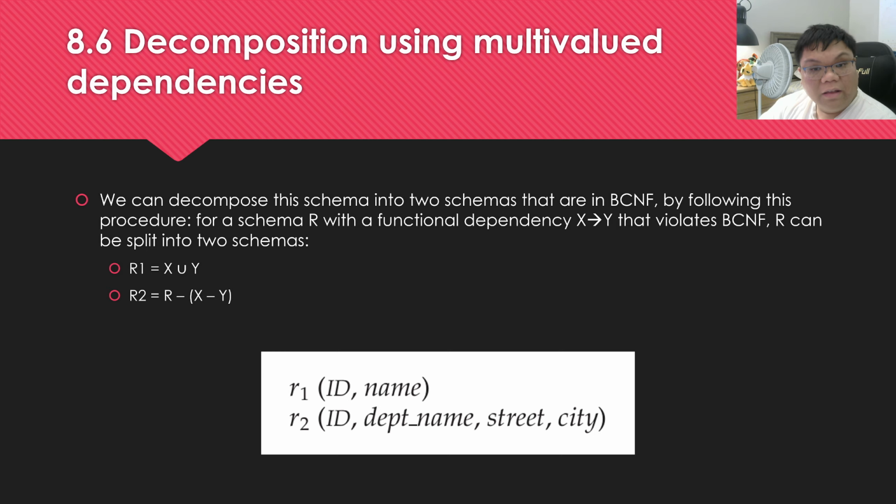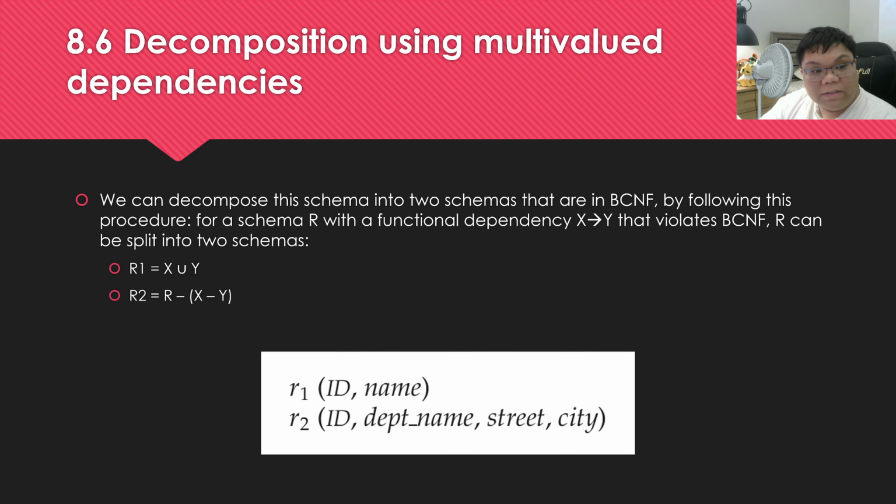We could decompose this schema into two schemas that are in BCNF following the procedure for decomposing such a schema. So, we have a functional dependency X determines Y that violates BCNF.